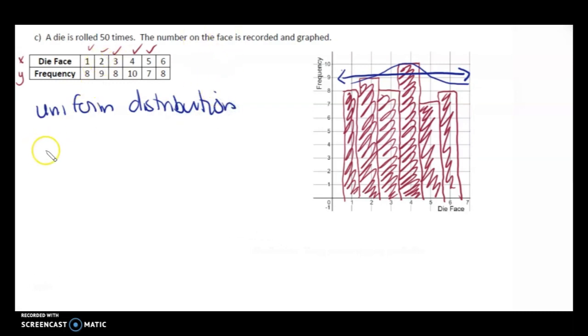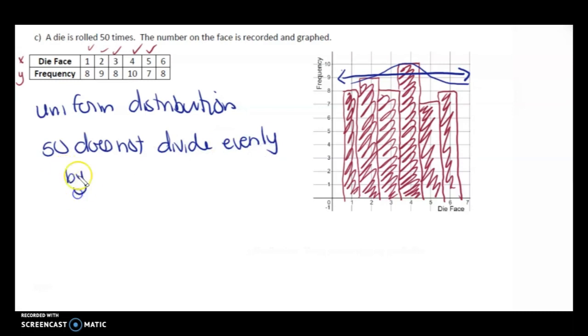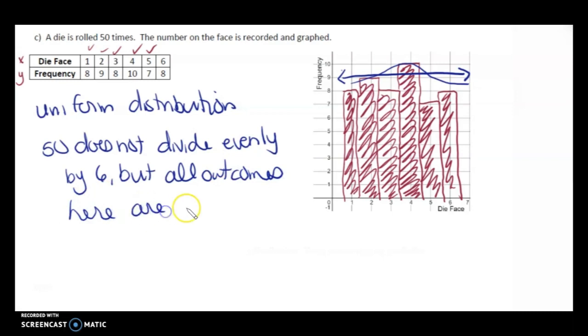Okay, again, 50 does not divide evenly by 6, but all outcomes here are generally like around each other. Let's go consistent.